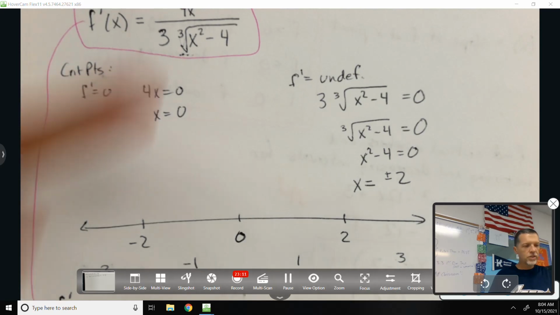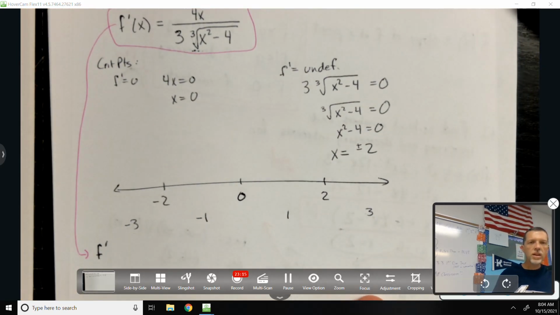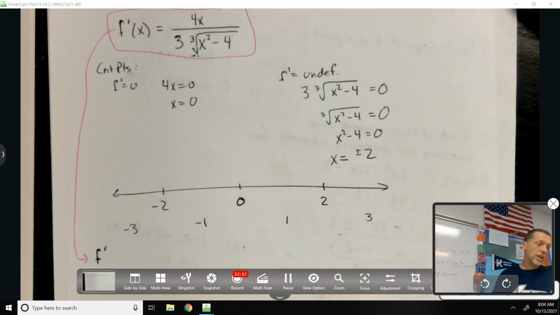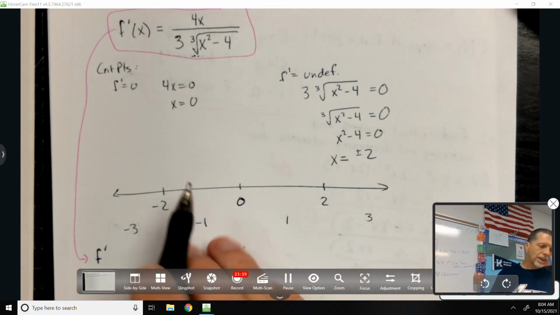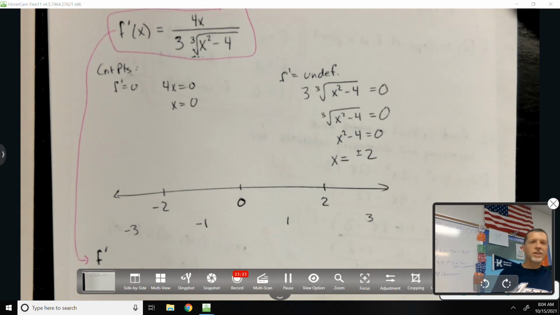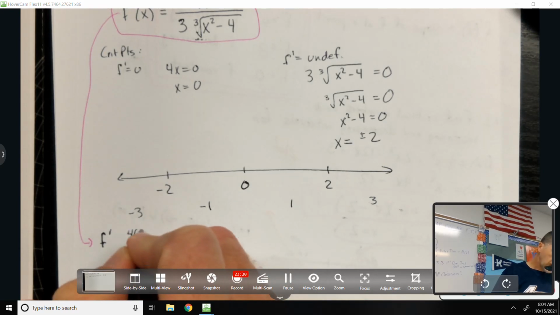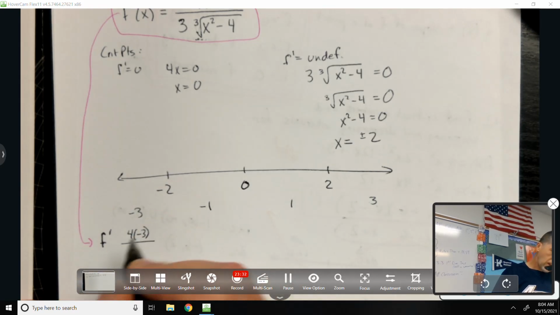I circled f prime because that's what I'm going to be plugging into. Now it looks ugly, but again, all I'm really concerned about is positives and negatives. So yeah, cube root and an x squared, we'll see. So if I plug in negative 3, I guess I'll do it the official way to start with, and then we'll see where we can kind of shortcut this stuff.